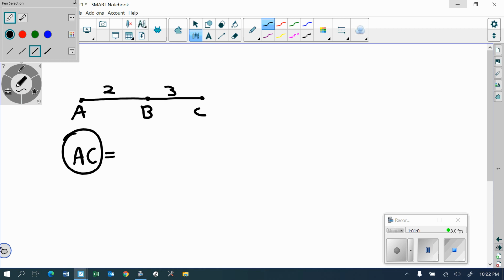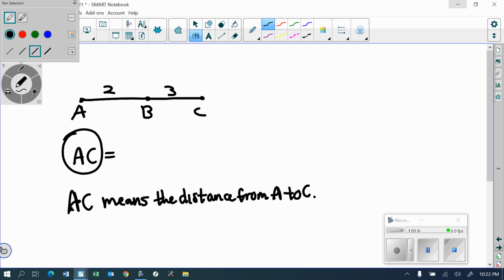No. When there's nothing above it, AC itself means the distance from A to C. So you have to know that. That's the trickiest one because there's no symbol above it.